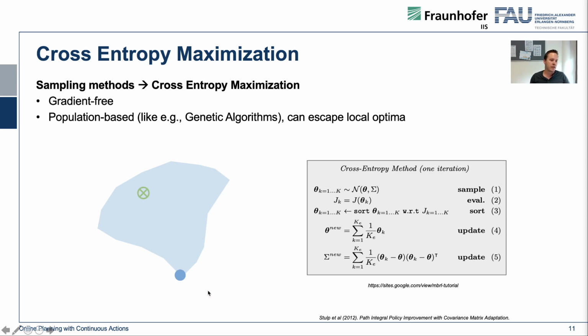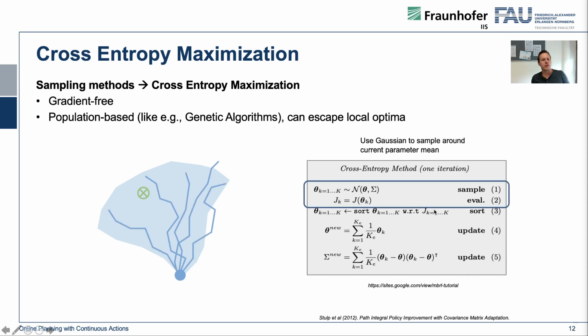We have a starting state here, and we have a goal state here. Throughout the iterations, we maintain an optimal trajectory mean and covariance. In this case we talk about Gaussians, so we maintain a Gaussian distribution over good trajectory sequences.